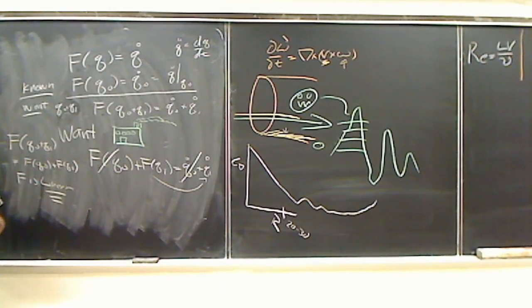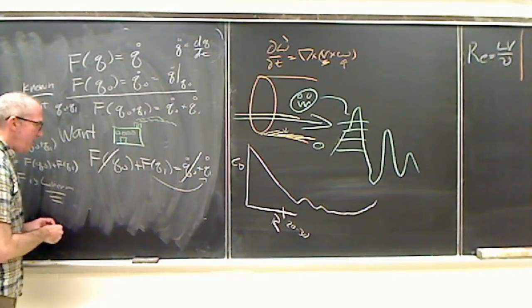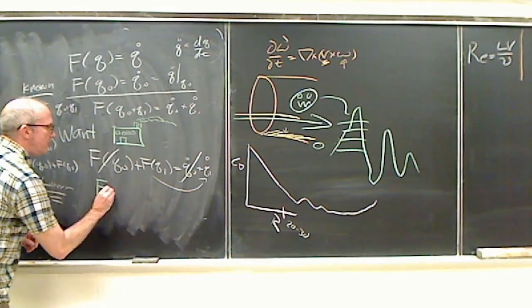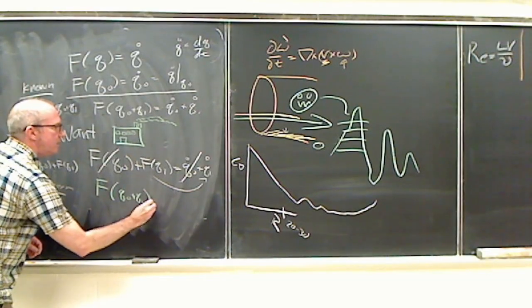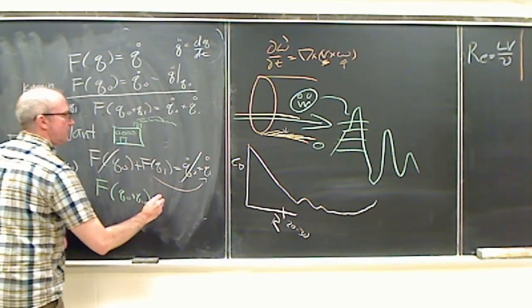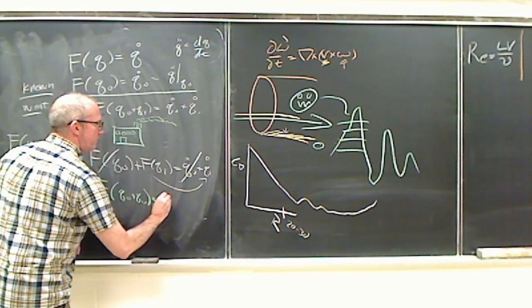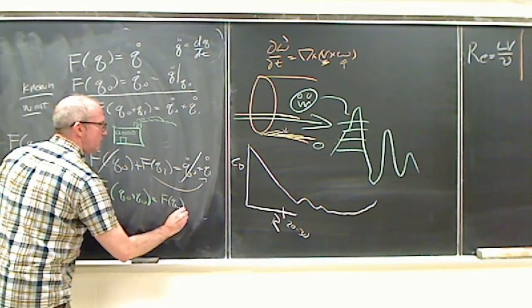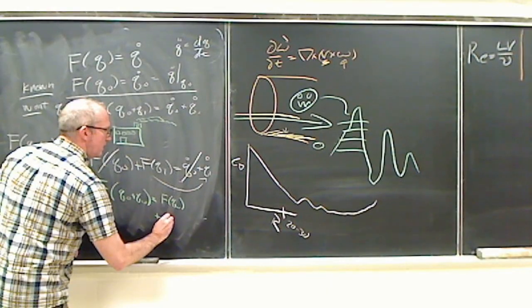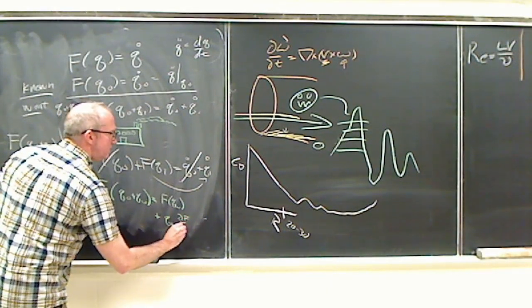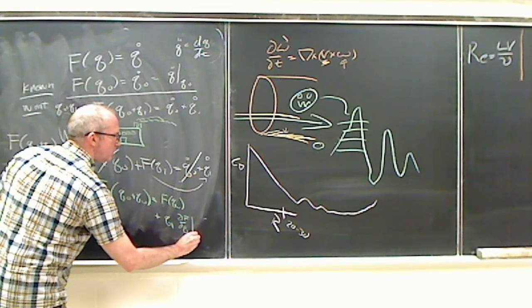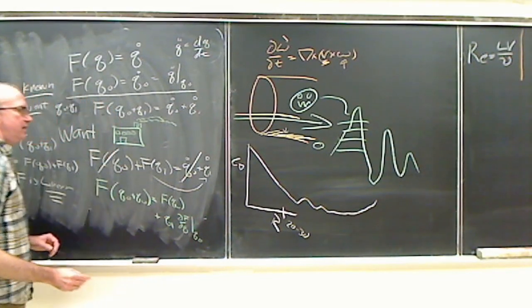And the way we get around it is with Taylor series. So I make a Taylor series of f. So I say f of q naught plus q1 is equal to f at q naught plus q1 times df dq evaluated at q naught, and then I'm done.